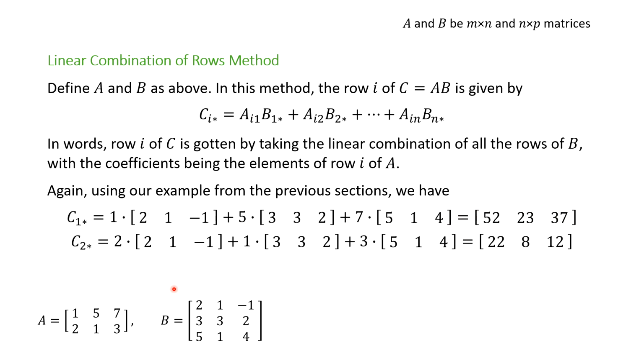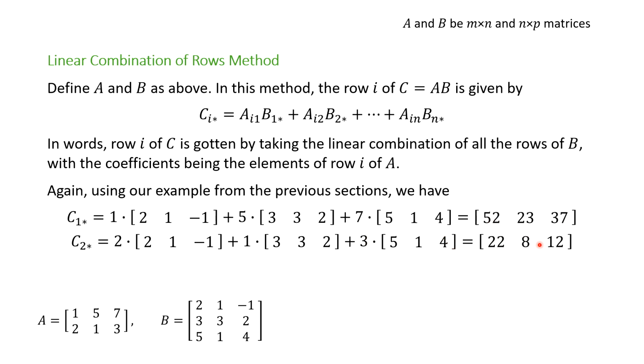We get this, and then we do the same thing for the second row. In this case, I is 2, so we get A21, which is 2, times the first row of B, then A22, which is 1, times the second row of B, and then A23, which is 3, times the third row of B. We get this, and so this is our product.